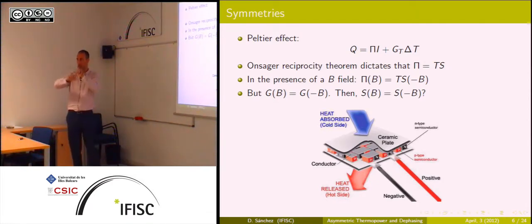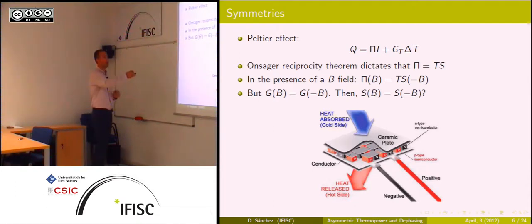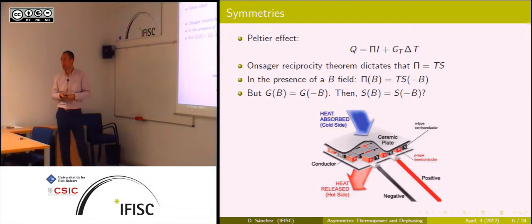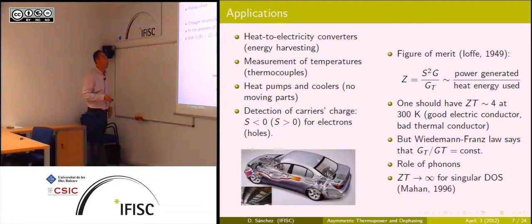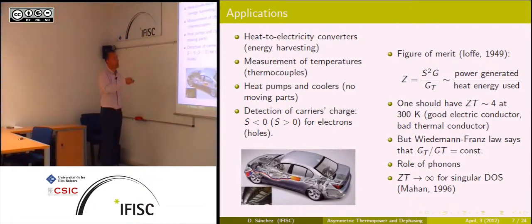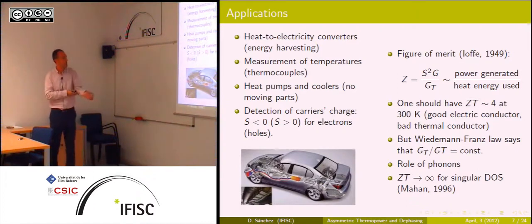So when you change the magnetic field, the conductance should be invariant. So what happens with the thermopower? Is it also invariant when you change the magnetic field? Is it an even function of the magnetic field or not? That's one of the questions that I would like to answer during this talk. But before that, I would like to tell you a kind of motivation for working in this field.